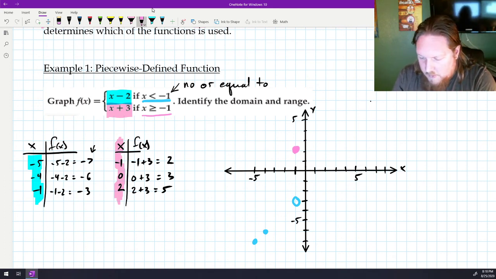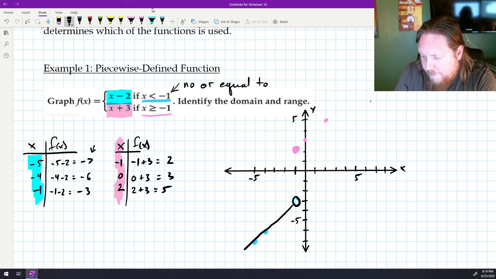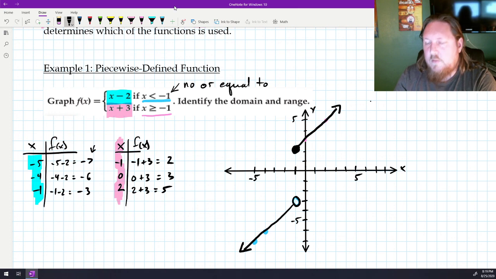Now let's plug in 0, go to positive 3, 2, go to positive 5. All right, so now let's draw my function out nice and neat. I've got the blue part of the function, solid dot, pink part of the function.